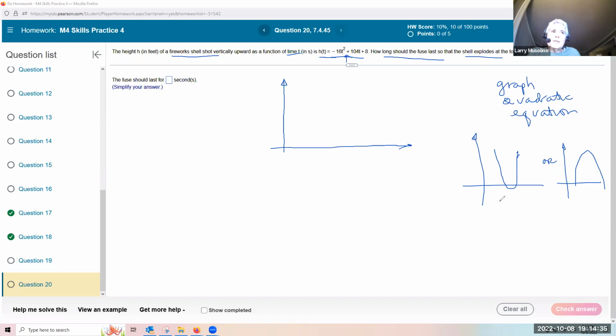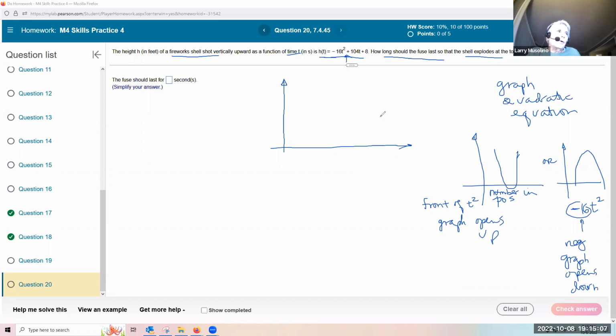If the number in front of t squared is positive, then the graph opens up like this. But if the number in front, and of course in our example, it's negative 16t squared, is negative, then you know the graph opens down. So in our example, we know our graph is going to open down like this.